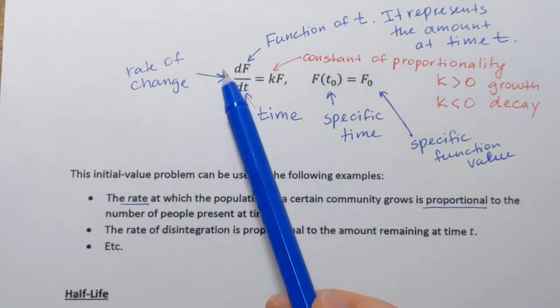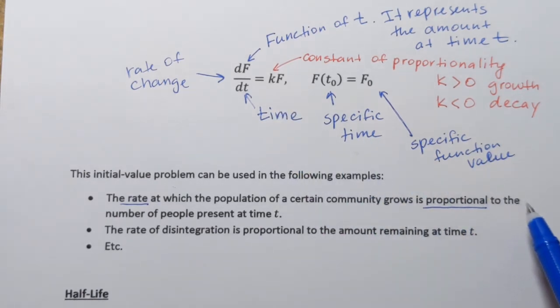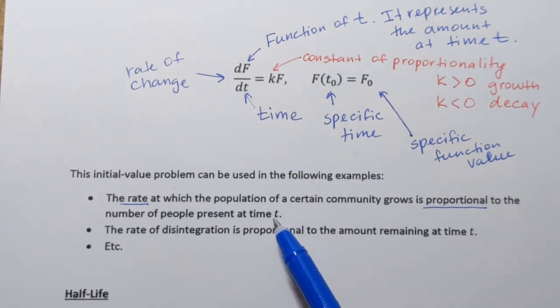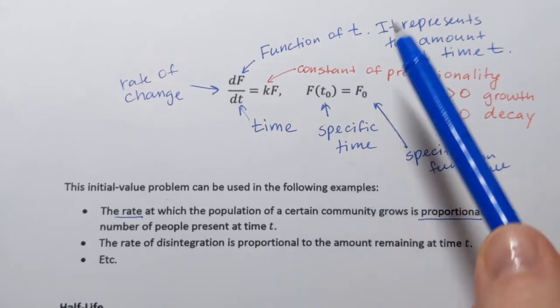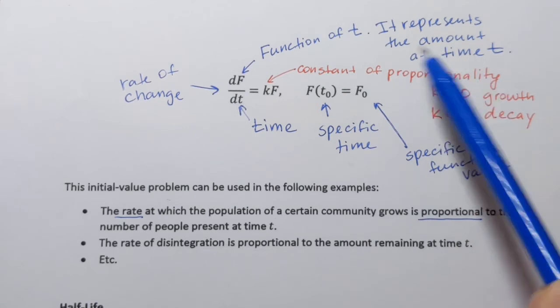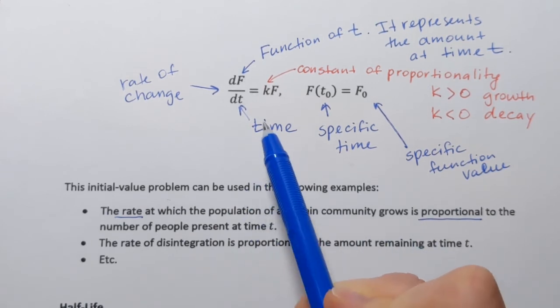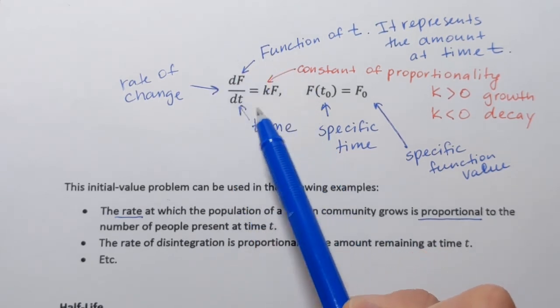Rate, the left-hand side, is proportional. That's k, the constant of proportionality. Proportional to what? To the number of people present at time t. But the number of people present at time t is the function itself, which represents the amount at time t. So notice how, as we look at all those keywords, we can actually recognize the equation itself.